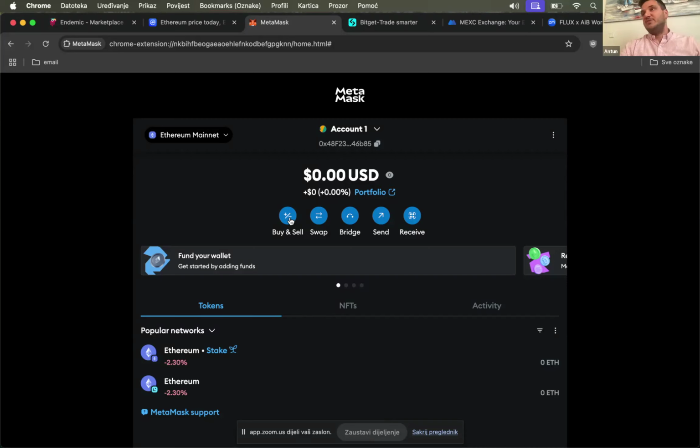So it will immediately fetch the latest exchange rate from certain partners that they work with, and you can directly buy or sell via MetaMask. The same goes for swapping between different cryptocurrencies, and then bridge, which I think is a little too complicated and technical for this education. It goes into bridging between different layers.